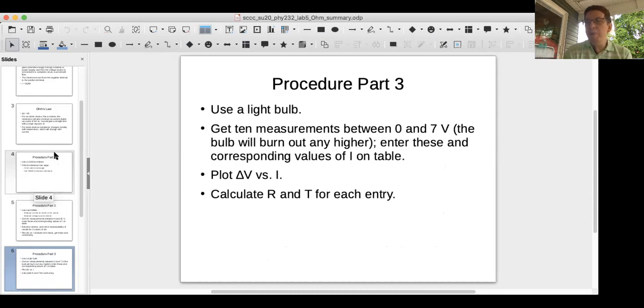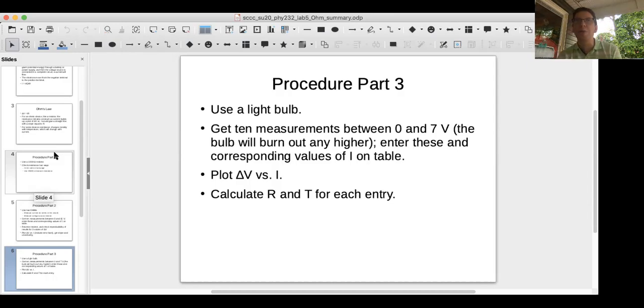For part 3, we're going to be using the first of our nonlinear devices. This is a light bulb that uses a tungsten filament, and as the current increases, the temperature in the filament increases and the resistance increases. You'll calculate the resistance of the filament at room temperature, before you put it into the circuit. Then you're going to connect it where the resistor was, and get 10 measurements between 0 and 7 volts with corresponding values of current.